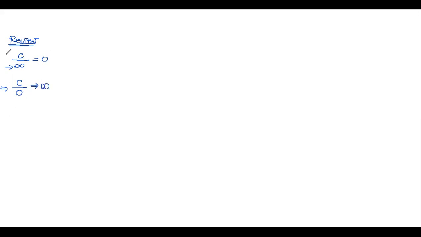But we need to be careful, because on practice set number 1 we said that when you find the limit, we can approach through the left-hand side or right-hand side. So here I want to put the notation. The 0 with a negative sign is not really a good notation, but basically it tells you my denominator is approaching 0 from the left-hand side.